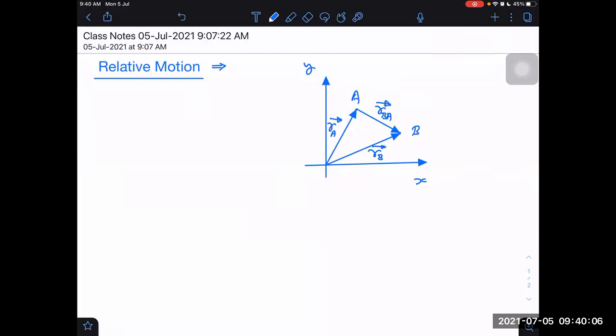So what do we get? Position vector of B with respect to A is equal to RB minus RA. Now take derivative. We get VBA.